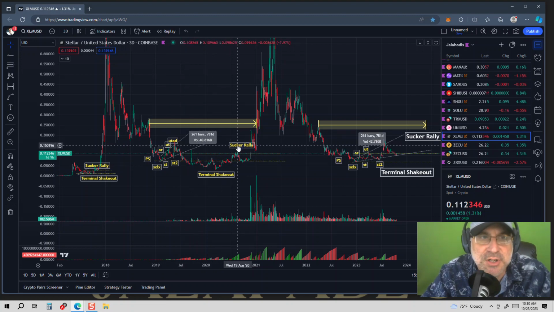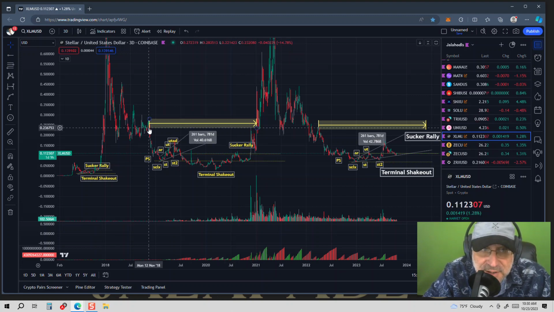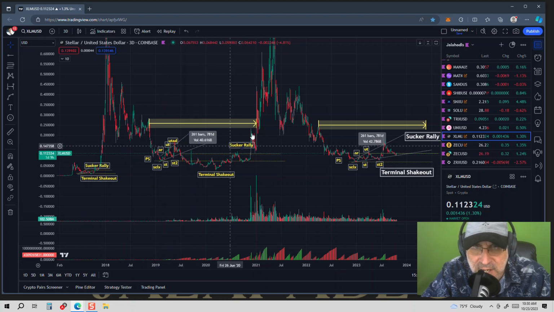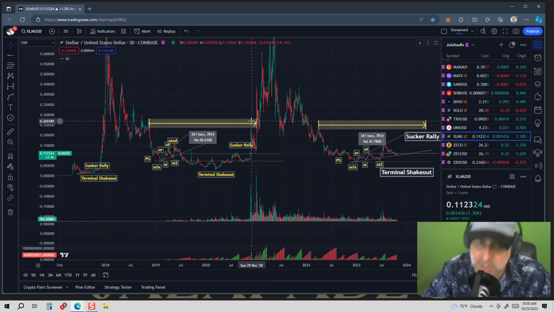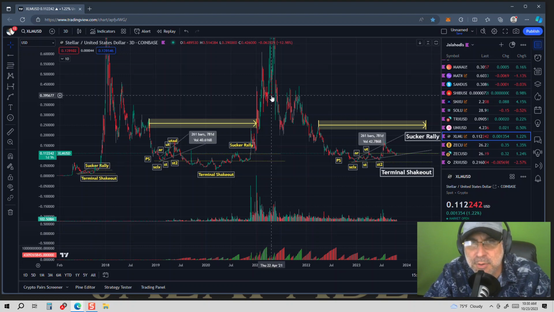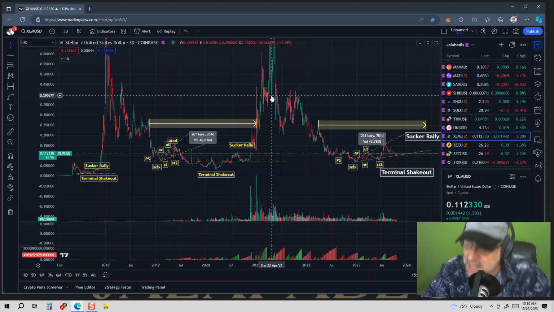It was 780 days, give or take, from the last sell-off that amounted to the primary support, and then culminated with the selling climax, and then went all the way to the end of the sucker rally, which is what I call a sucker rally, and which is really the bull cycle has already started at this point, but it's just one last kind of FOMO pump where it comes back down and retests trading range support before we go up and we start the bull cycle proper. And so that was 780 days altogether.